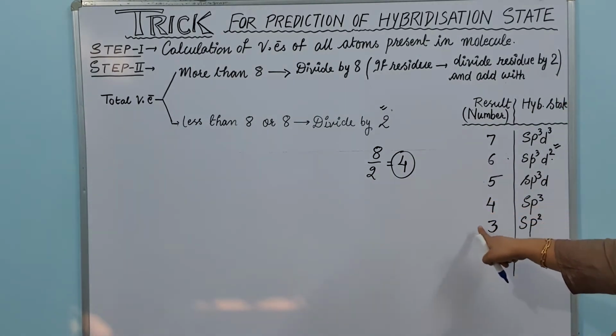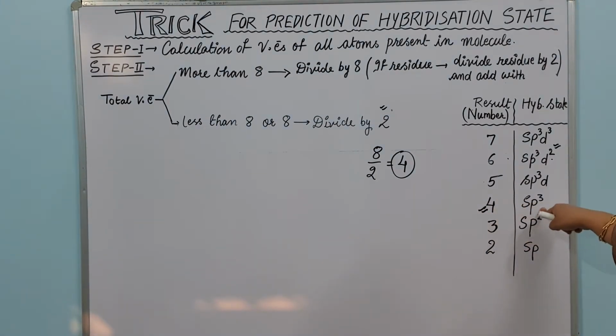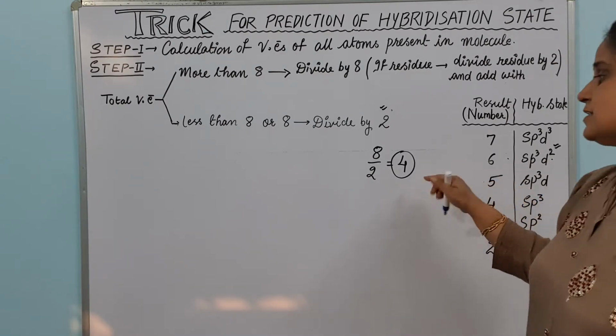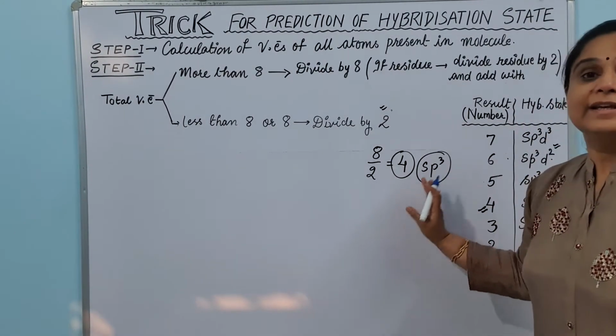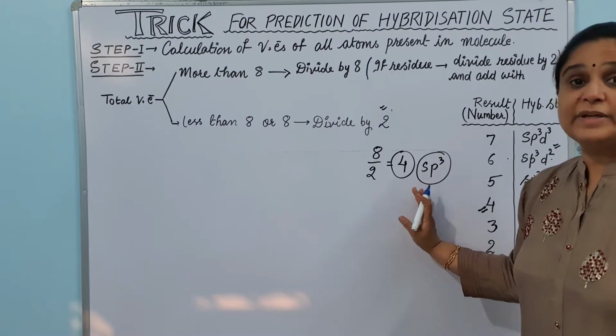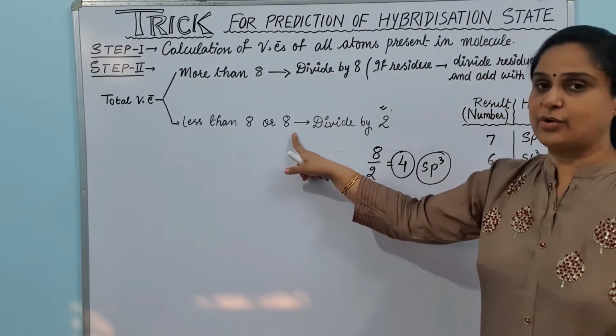I will go to this chart, look at this, the answer is 4, I will match this with the chart, and I will get that the hybridization state of the element in this case is sp3. This way we calculate the hybridized state of an atom if the total number of valence electrons is less than 8 or 8.